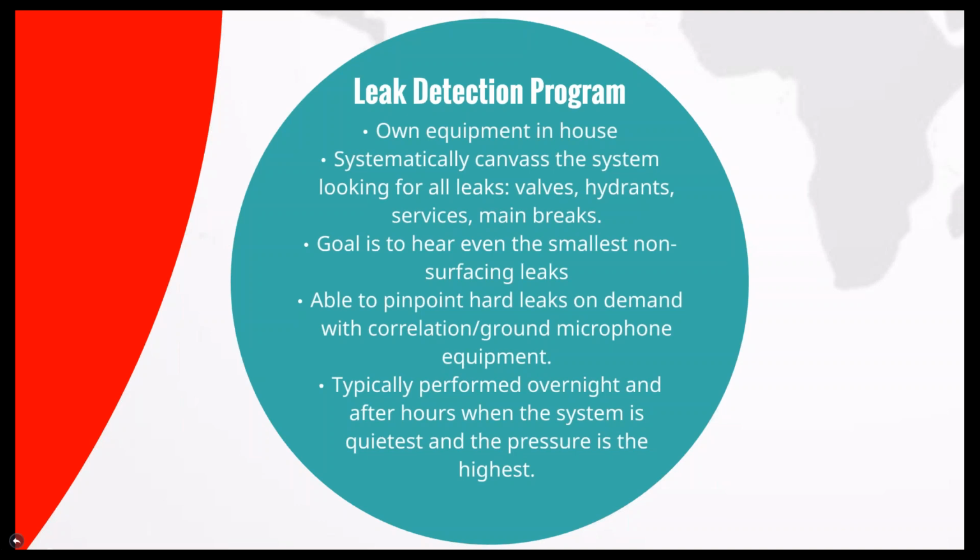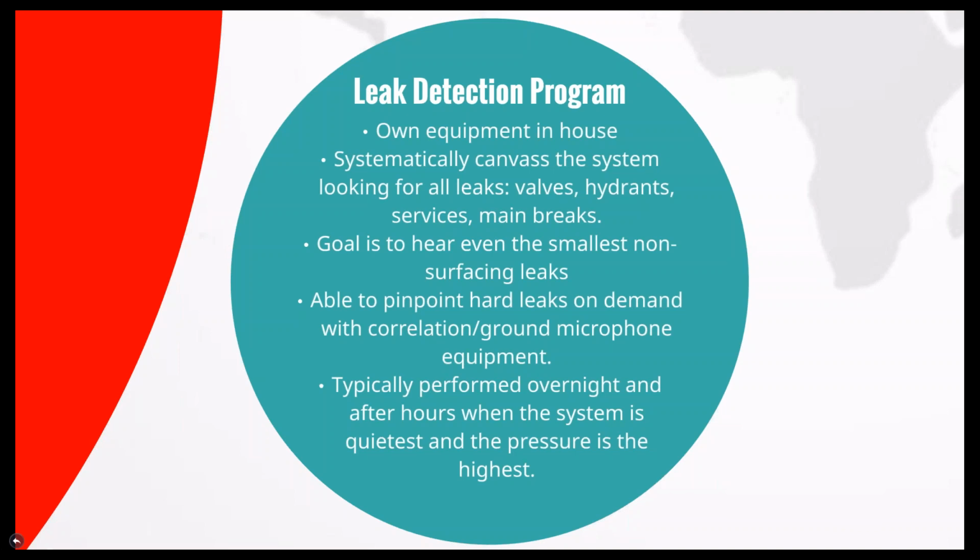Being in Arizona, I know most people say, oh, our leaks will all surface. We'll find our leaks because they'll surface. We've got shallow pipes and dry soil, so they'll surface, which I can tell you on a number of surveys that I've done is not always the case. Water finds the path of least resistance. It'll travel down trench lines with adjacent sewers and make its way into the sewers.